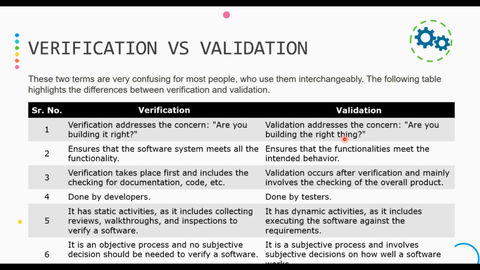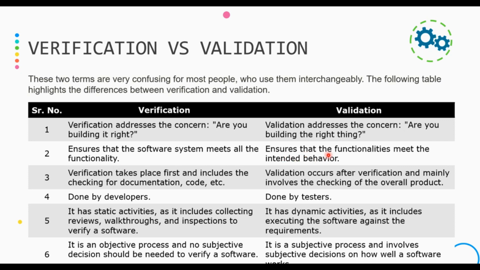Next is to ensure that the software system meets all the functionality. Whatever planning or designing they did, or structure they made, all things will be the same as the customer expected, the functionality the customer expected.